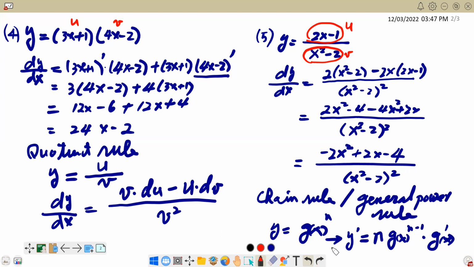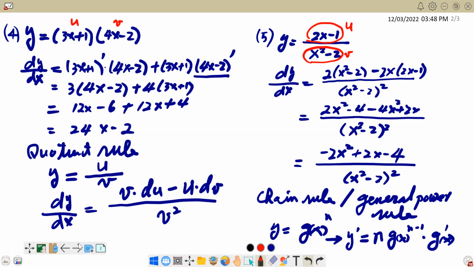The format is, if your function y is a function g(x) to the nth power, so this is the power of a function, then the derivative is n times g(x) to the n minus 1 times the derivative of g(x). In order to use this, you need to find out what your g(x) is first.